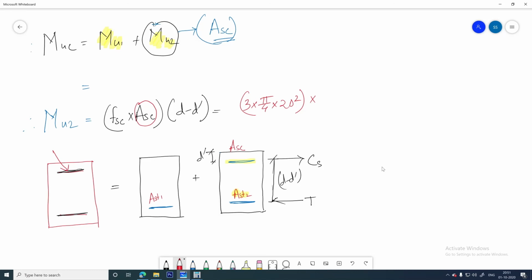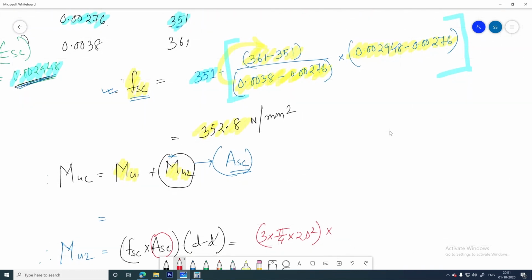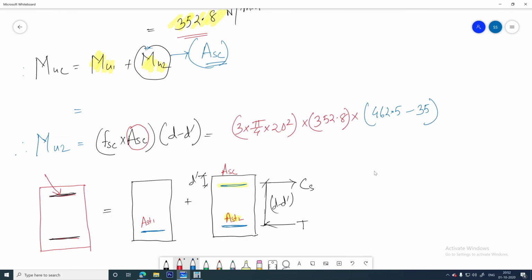And FSC, that we determined from the graph, is 352.8. So 352.8 into d minus d dash. What is d? D is 462.5 minus 35, that is the d dash. When you solve this, you will get the value of MU2, and that is 142 kilonewton meter.